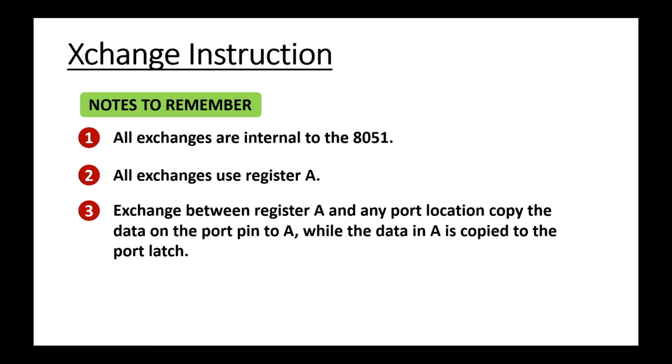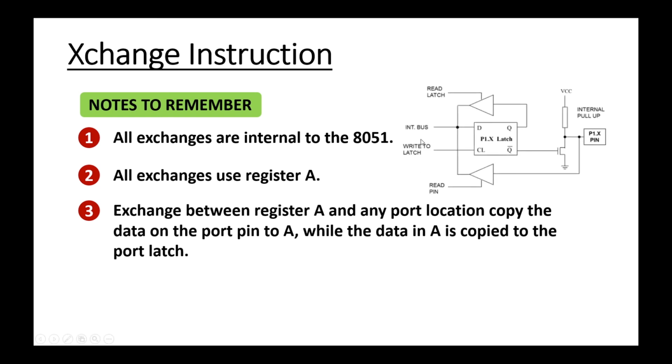There are two elements, port pins and latch. The data from the port pins is stored into the accumulator and the data in the accumulator is stored to the latch. So there are two different operations. Let's look at the structure of the port. This is the port pin, this is the latch, this is the internal bus. From this bus the data from the accumulator is going to come.